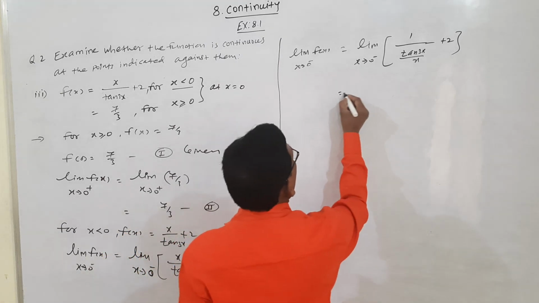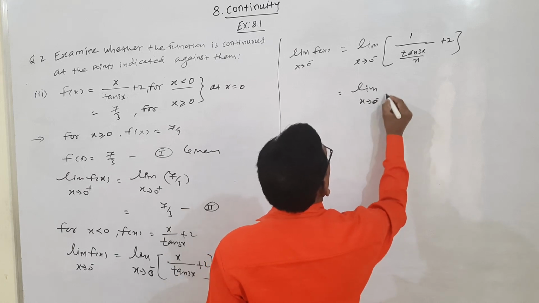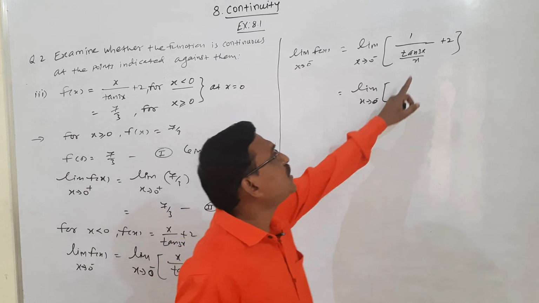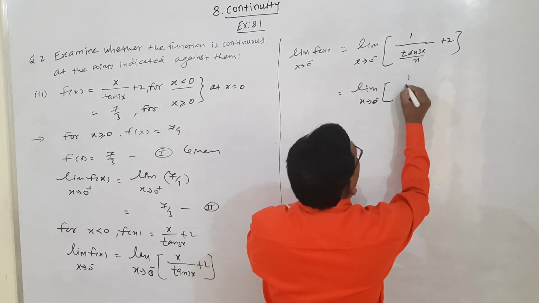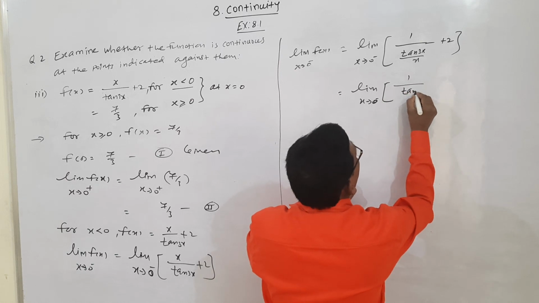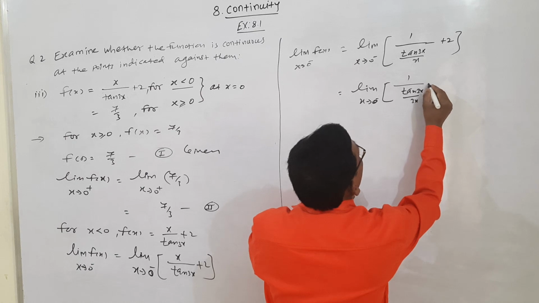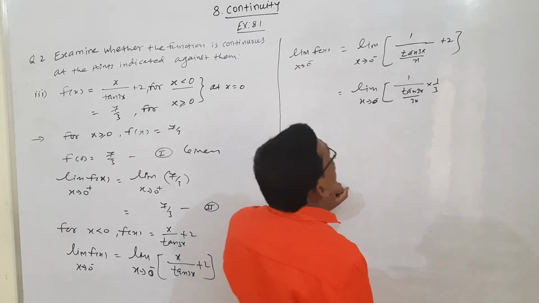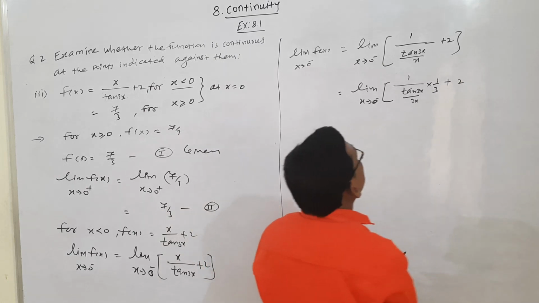Now we apply the angle of this tan 3x in the denominator. That's why we have to multiply and divide by 3x: 1 upon tan 3x divided by 3x into 1 by 3, plus 2.